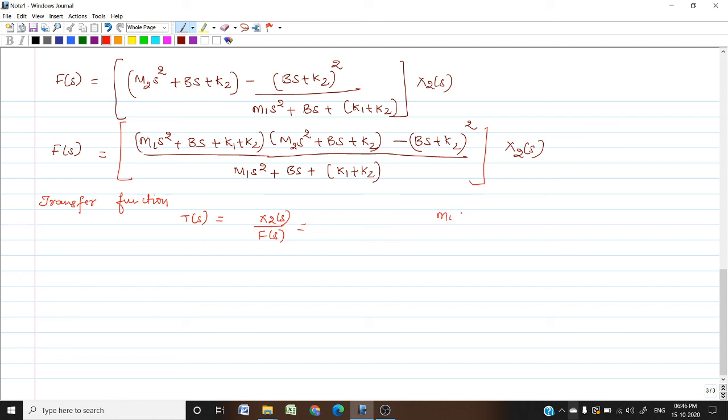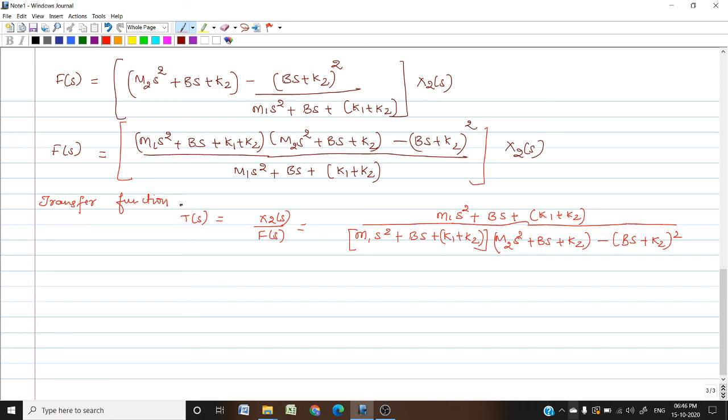So I will have (m1 s² plus bs plus k1 plus k2) divided by (m1 s² plus bs plus k1 plus k2) multiplied by (m2 s² plus bs plus k2) minus (bs plus k2) squared.